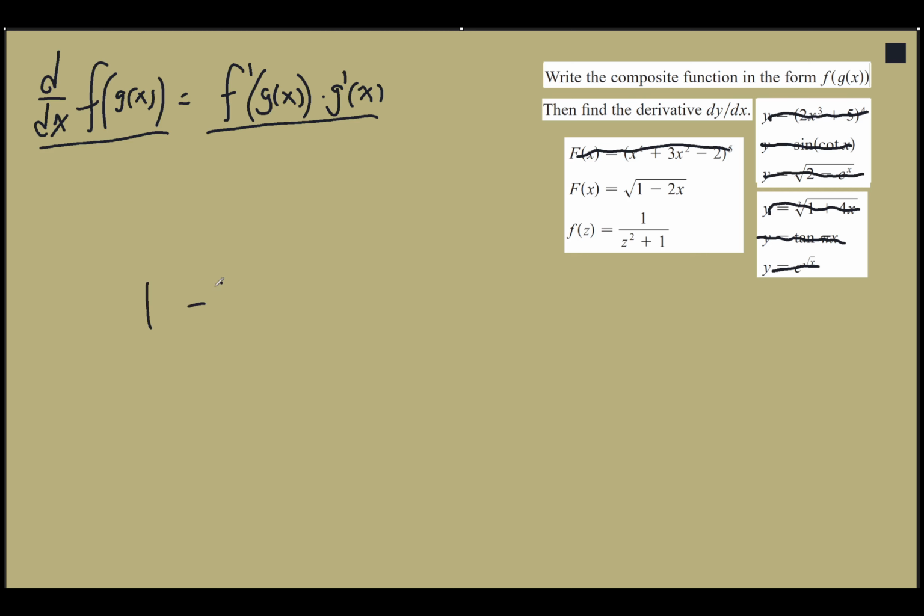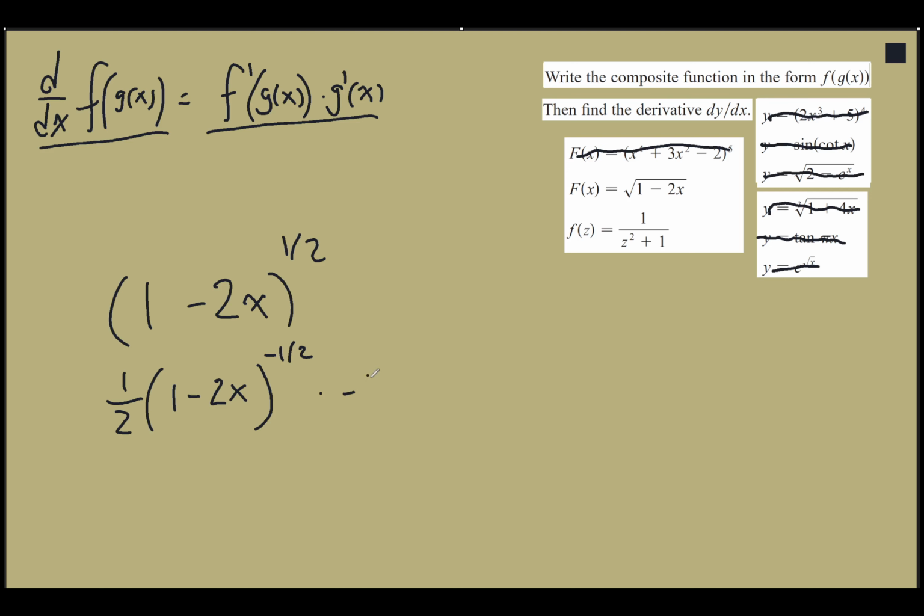1 minus 2x to the 1/2 for this problem here, take the derivative. The outside function's the power, so we write 1/2. The original function inside minus 1/2 times the derivative of the inside. Well, the 1 falls away. So you have minus 2x.